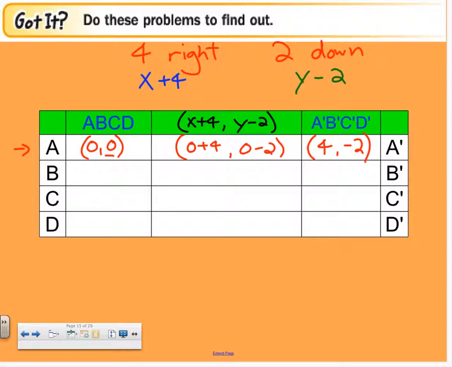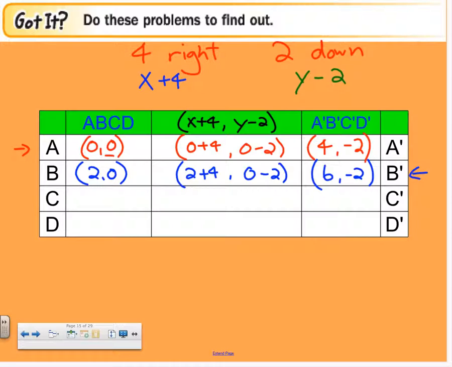Let me do one more with you. If we take a look at B, point B is 2, 0. I know that I'm going to add 4 to the x, so that's going to be 2 plus 4. I know I'm going to subtract 2 from the y, so 0 minus 2, and I end up with the coordinate pair 6, -2, and once again, this would be B prime.